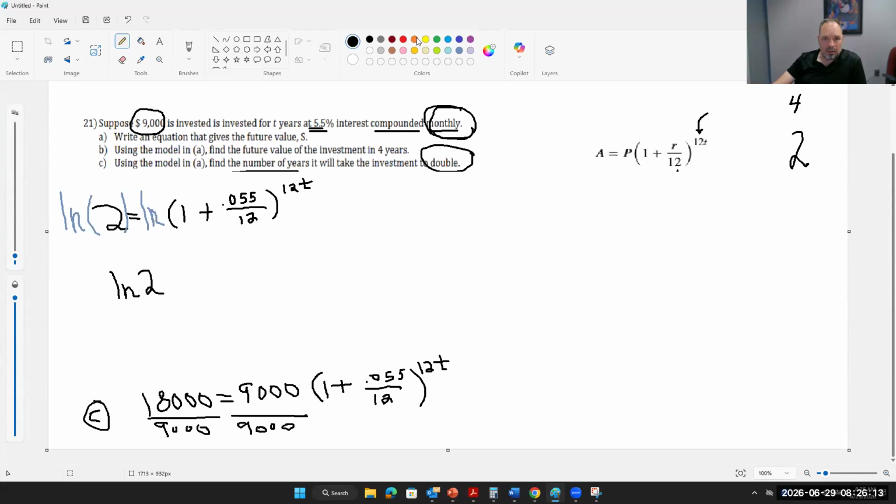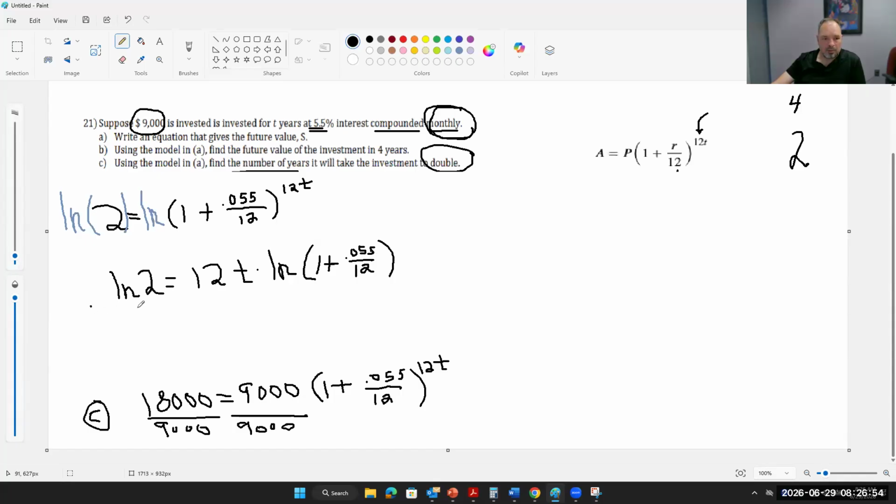But on the right, it allows me to take this 12t and put it out in front. That's a power property times the natural log of 1 plus 0.055 divided by 12.